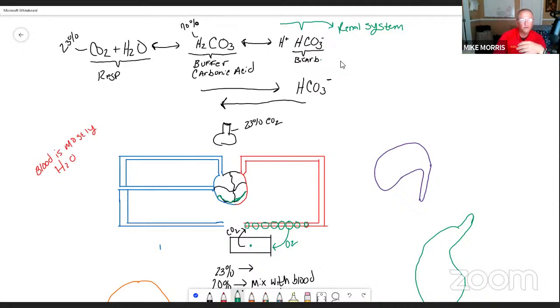They don't get there for a day or two. So when we talk about the speed, when we talk about how the body corrects an acidic environment, or how does the body correct an alkalotic environment, right? We are going to look at the buffer system being the fastest and the most efficient.